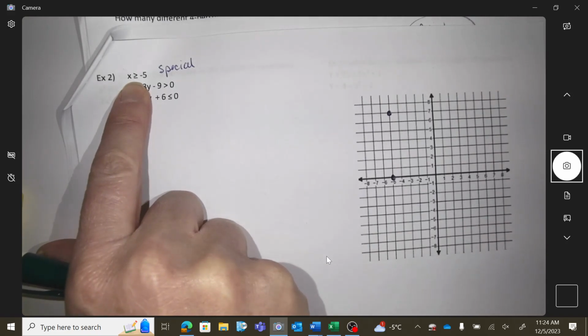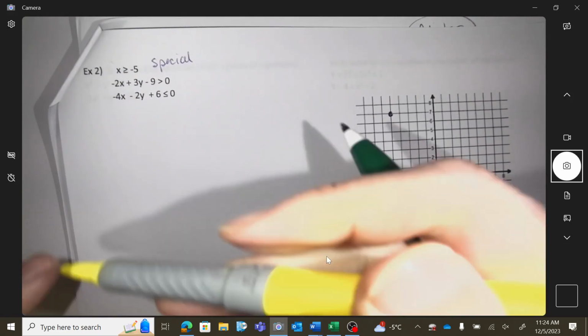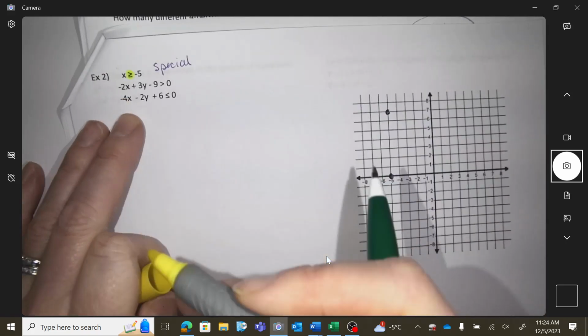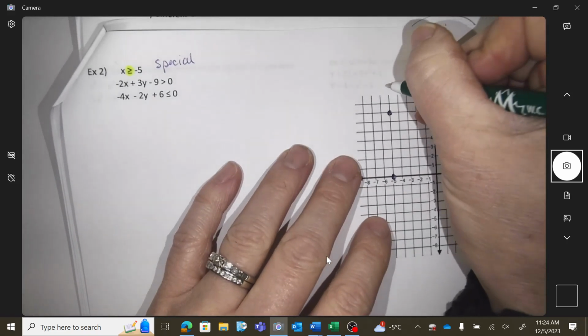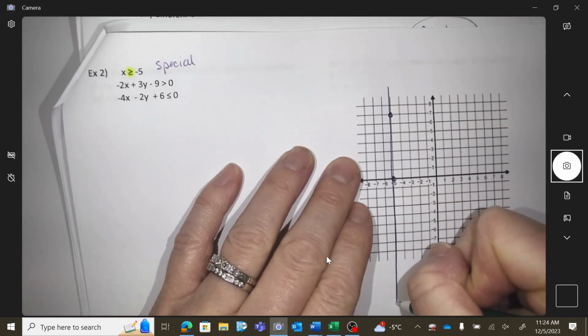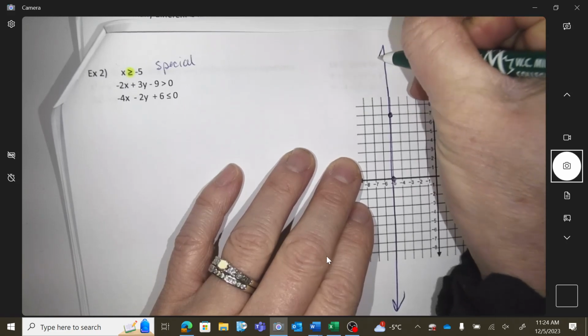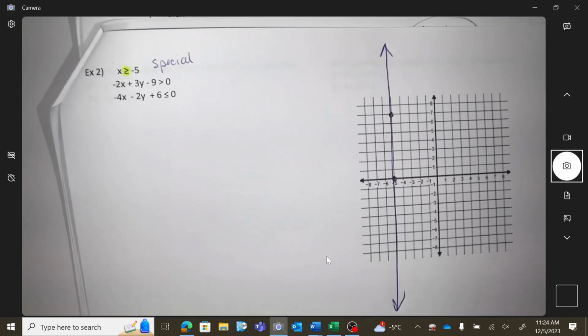Okay, what does this symbol mean in a word? Greater than or equal to. So I can be on it. So I'm going to draw this line as a solid line.